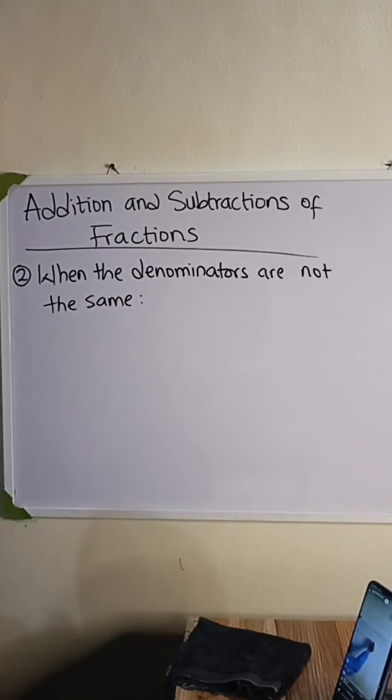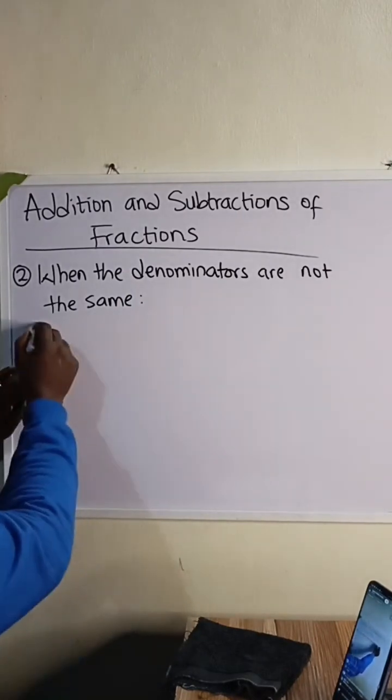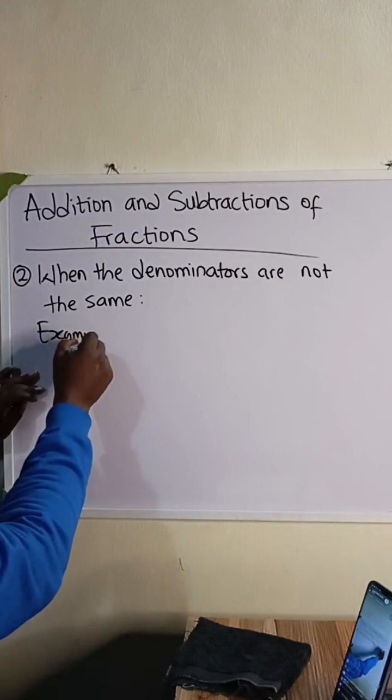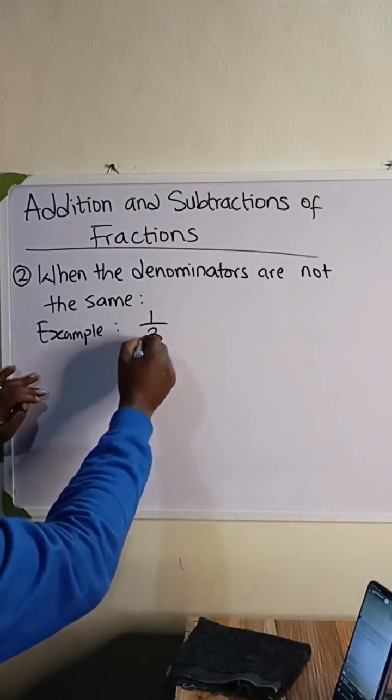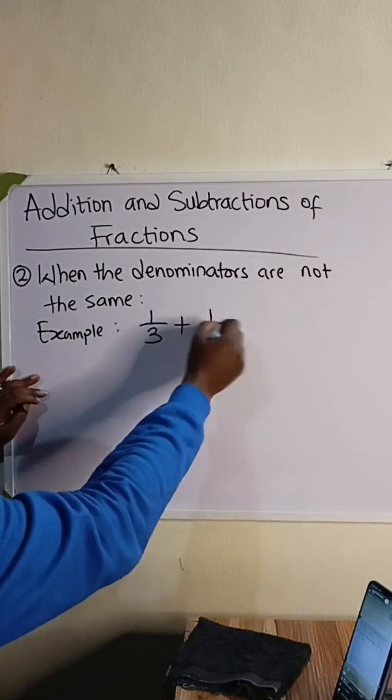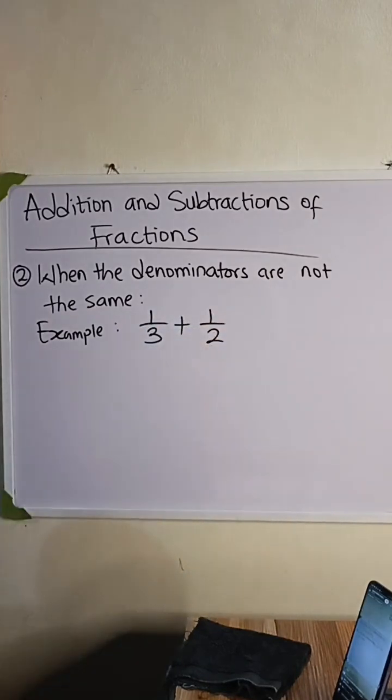Let's look at an example. So if I have 1 over 3 plus 1 over 2.